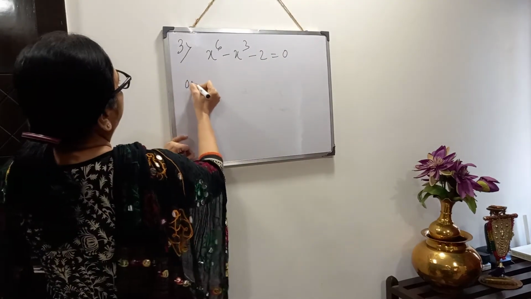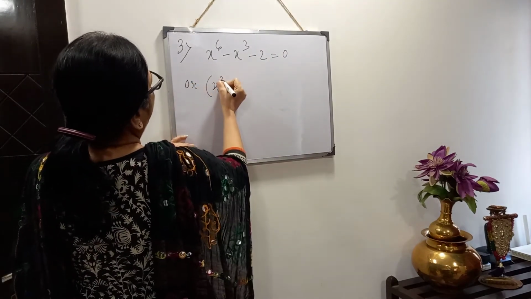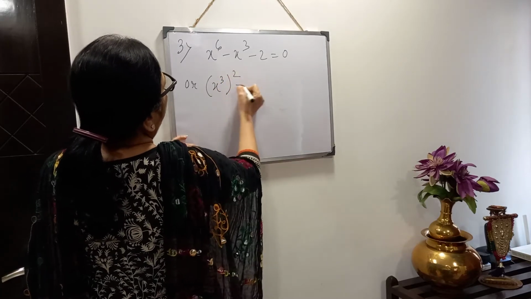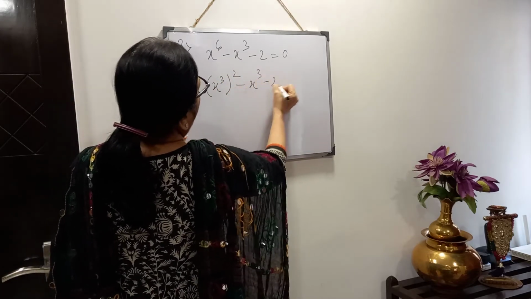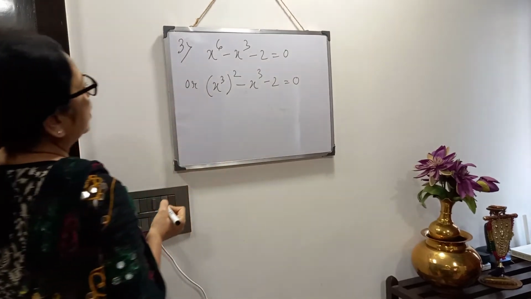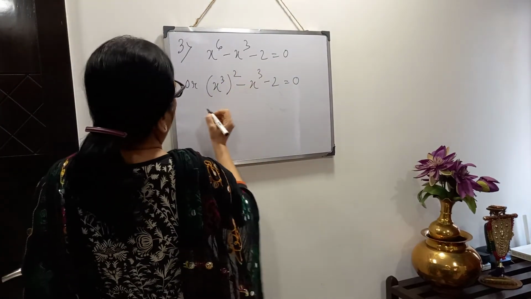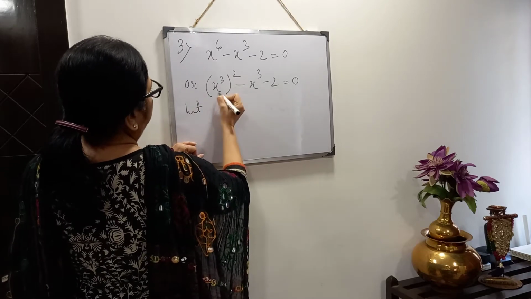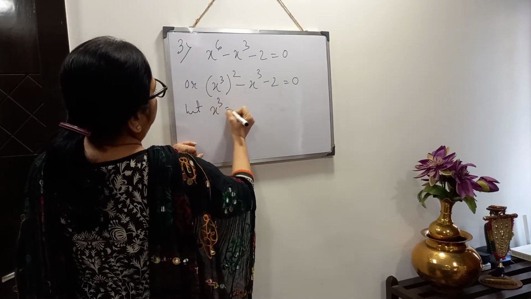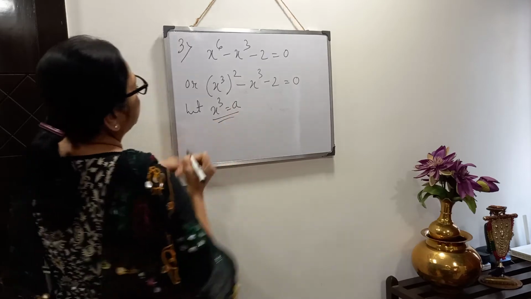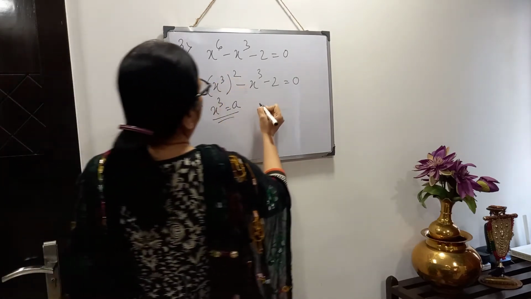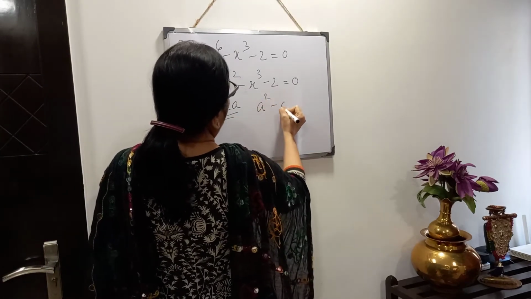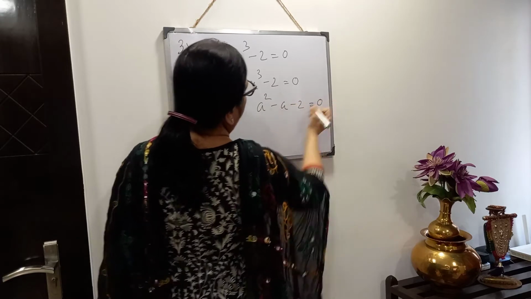This one we can write in this form, minus x cube minus 2 equal to 0. Now see, x cube whole square. I am writing. You have not to do it in exam. Suppose I am considering this equal to a. Clear? x cube equals to a. So this is becoming a square minus a minus 2 equal to 0.